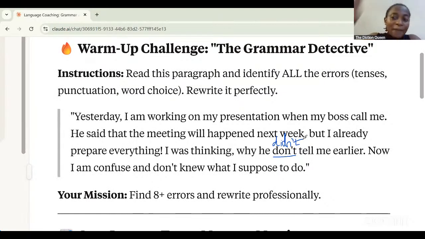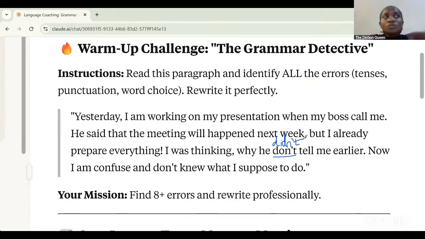I'm just telling you what happened yesterday. But if it had happened yesterday and the person started thinking, and the person is still bothered about it until today, the person is still thinking, that's when we can use past continuous to tell the person listening that it happened yesterday, but it is still continuing until now. That is when the person can say, I was thinking.